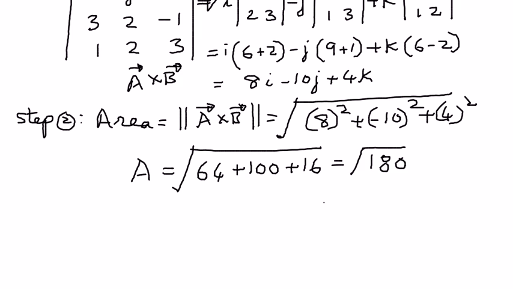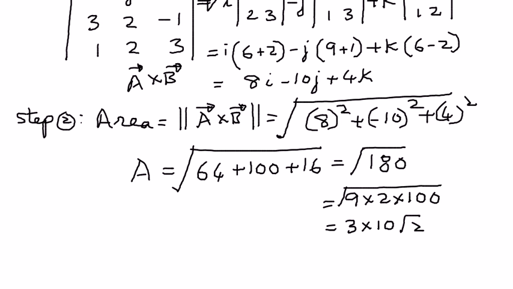And as we know, 180 I can write as 9 times 2 times 100. 9 times 2 is 18, and 18 times 100 is 180. The reason I wrote it this way is because I know that the square root of 9 is 3, and the square root of 100 is 10, and 2 is not a perfect square, therefore we will leave it under the radical.